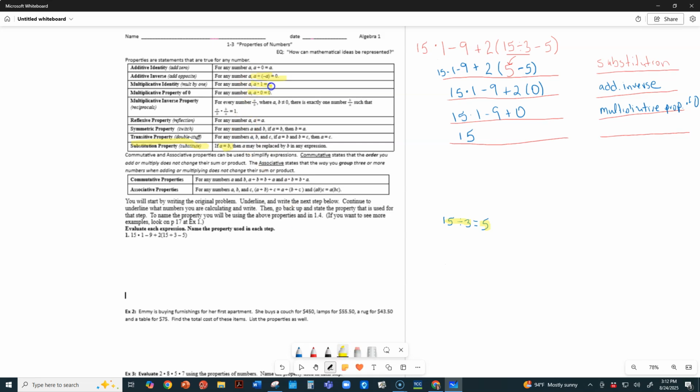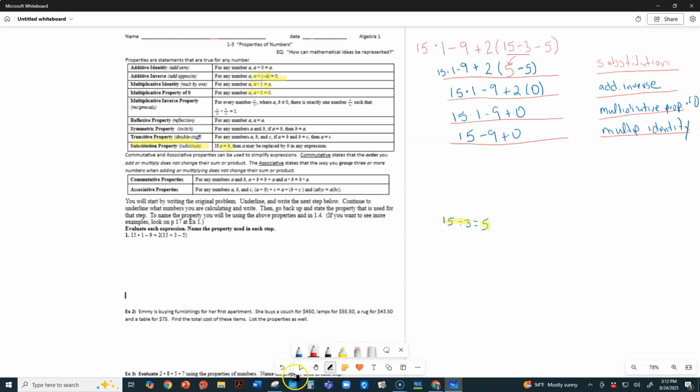So 15 times 1 is the multiplicative identity. Identity is when you do something and it doesn't change the value. So adding 0 is an identity, and multiplying by 1 is an identity. Multiplicative identity. So 15 times 1 gives me 15.